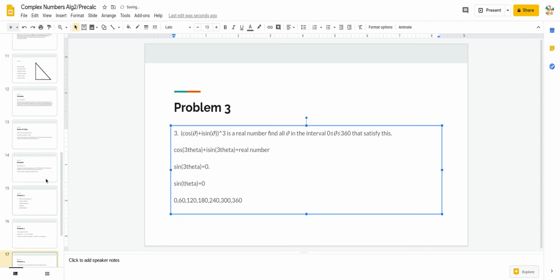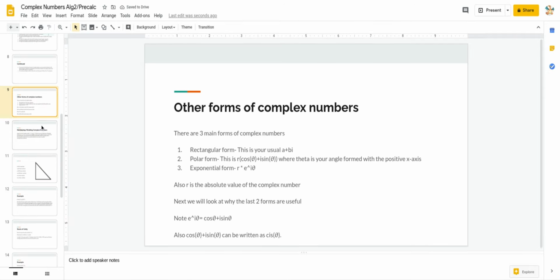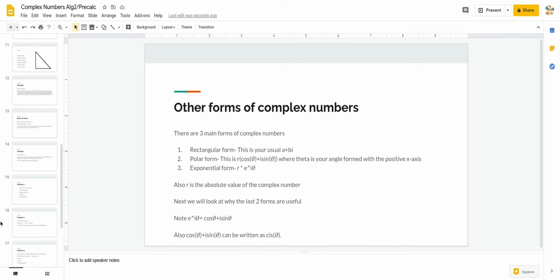So I talked about cosine theta plus i sine theta is equal to cis theta, right? And cis theta is equal to e to the power i theta, because I talked about this right here. e to the i theta is equal to cosine theta plus i sine theta.